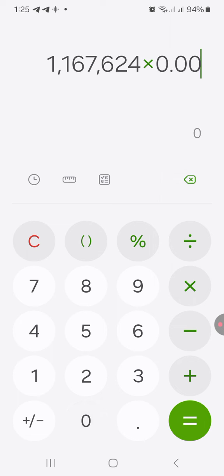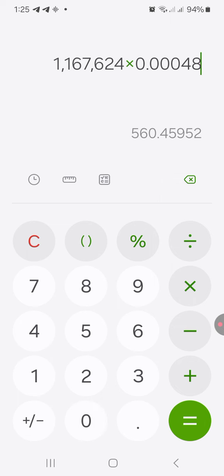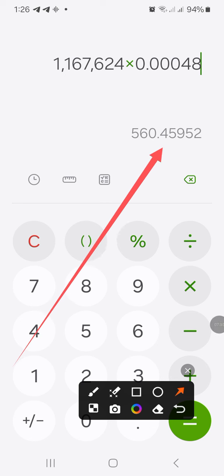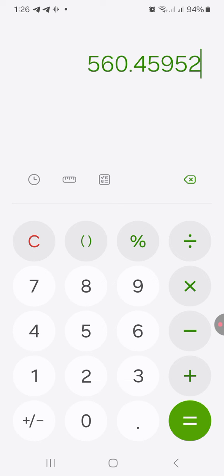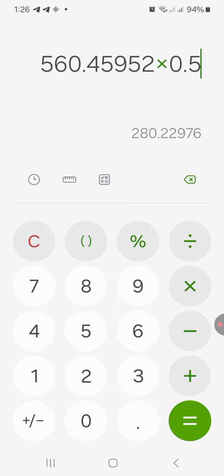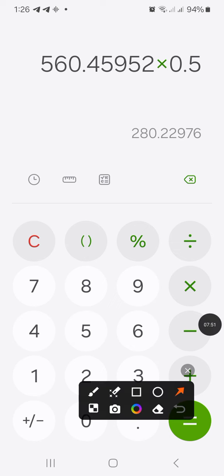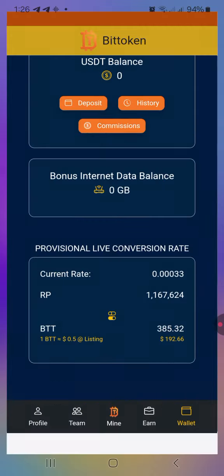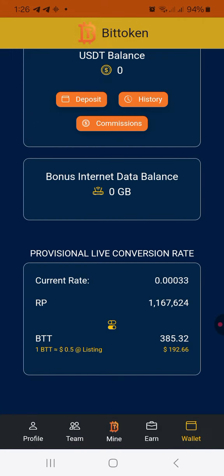When the current rate was 0.0048, the total amount of Bittoken would be this, 560 Bittoken. And then the next step would multiply that by the listing price, which would be 50 cents, and the amount would be $280. So this person would be looking at $280.